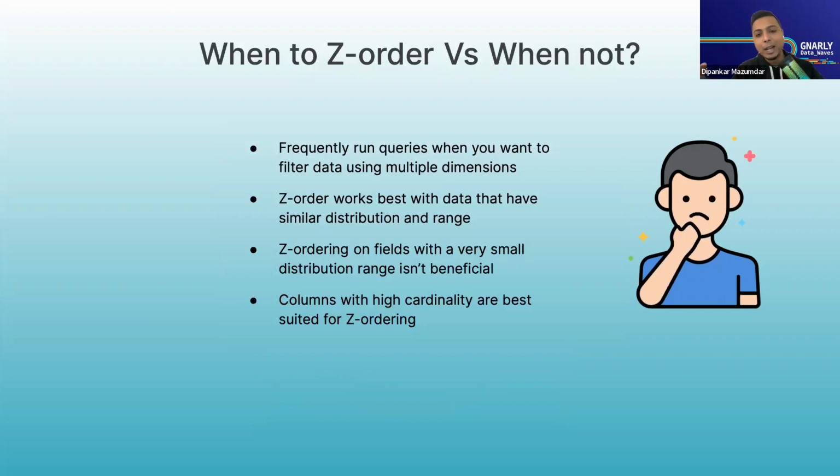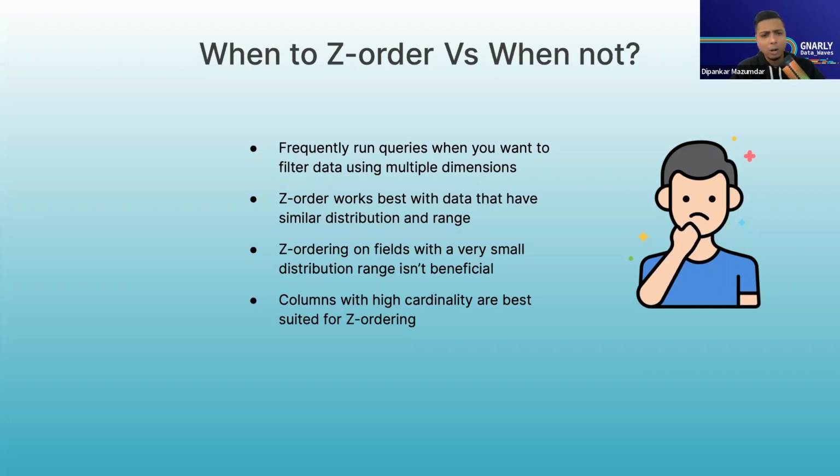But then we ended up not being able to use multiple dimensions in the filters, right? It only sorts on the first sort order, right? So that's a problem. So when you have a lot of queries in your environment with multiple dimensions in a filter, that's when you can use Z-order.